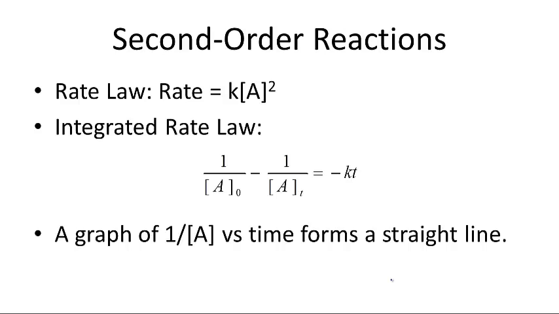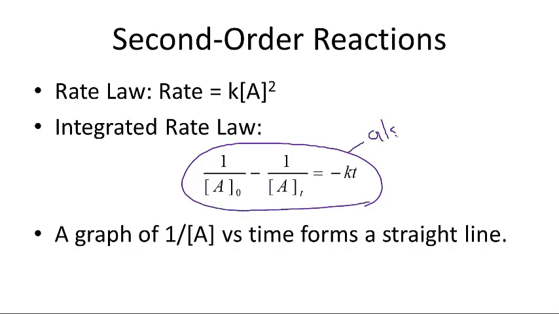But if you integrate this rate law, a second order rate law, which is rate equals k times concentration of A squared, then you get this equation, which is also on your formula sheet. And what's going to happen there is now a graph of 1 over A versus time will make a straight line.